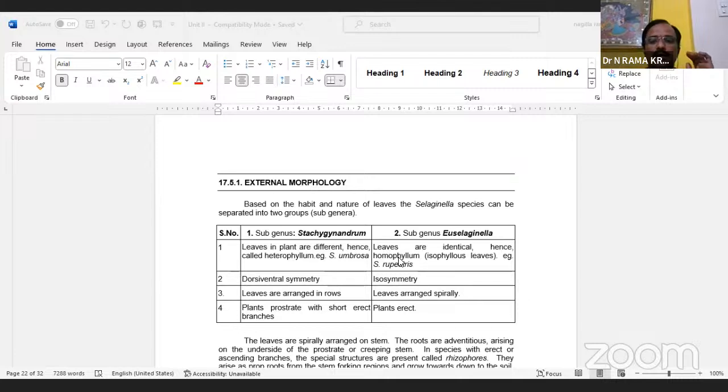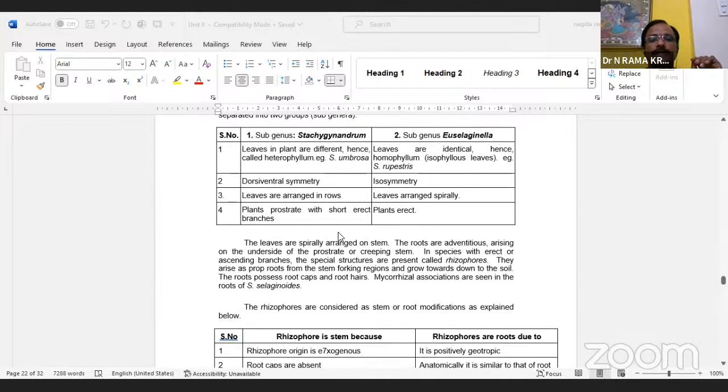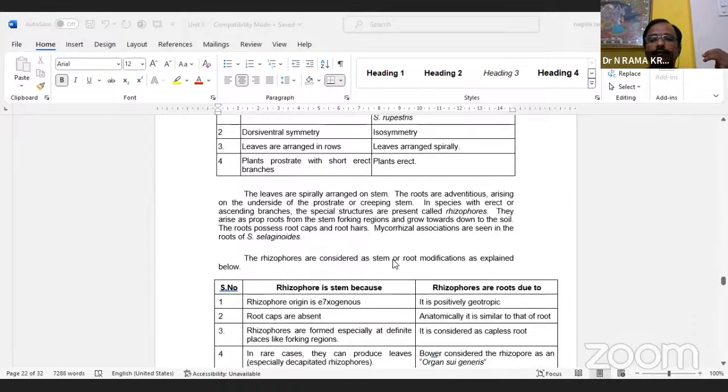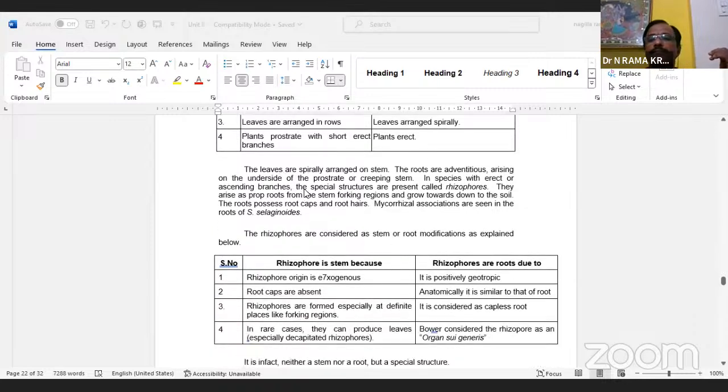Now you see here, the leaves are spirally arranged on the stem. How can we identify the Selaginella plant? The leaves are arranged spirally. The roots are adventitious, arising on the underside of the prostrate or creeping stem.